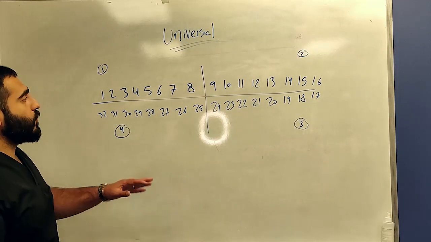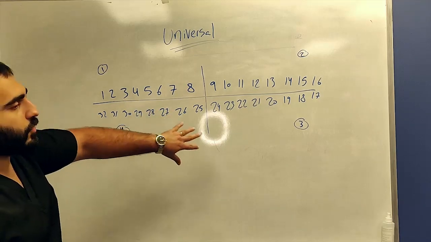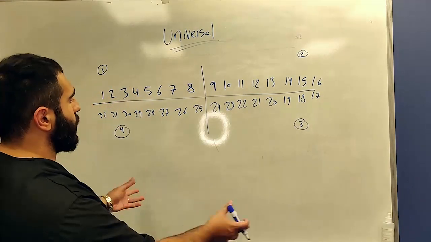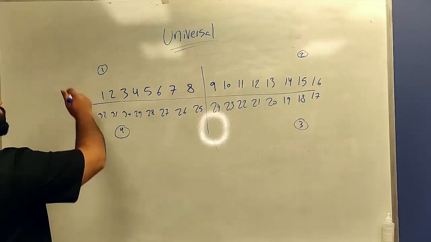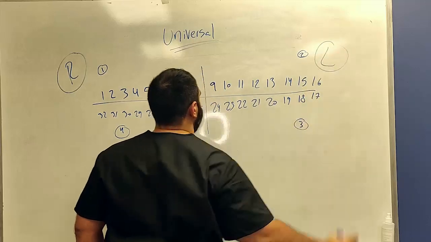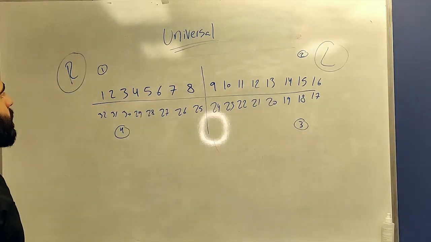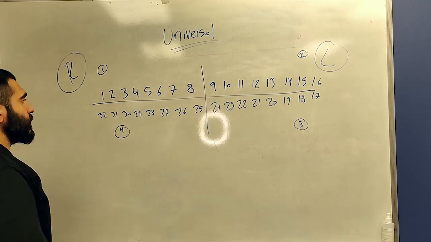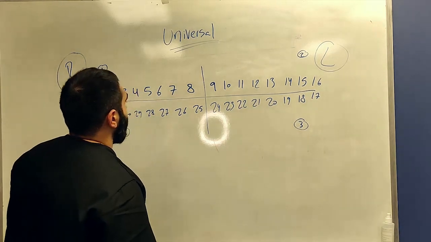Remember, when we say left and right, we're always talking about the patient's left and right, or ourselves if we're counting ourselves, but never our right and left if we're looking at a person. So this would be the right side, and this would be the left side, right? So this is how the numbering is in the universal numbering system.